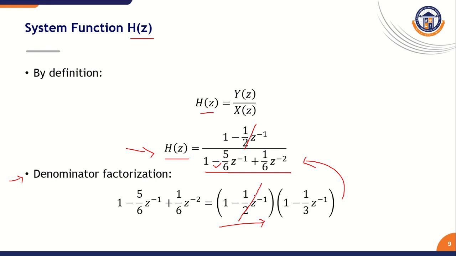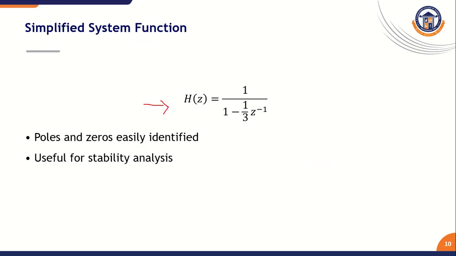Both terms cancel, so finally the system function is capital H of z equal to 1 divided by 1 minus 1 by 3 into z power minus 1. Here we can easily identify poles and zeros from this system function.